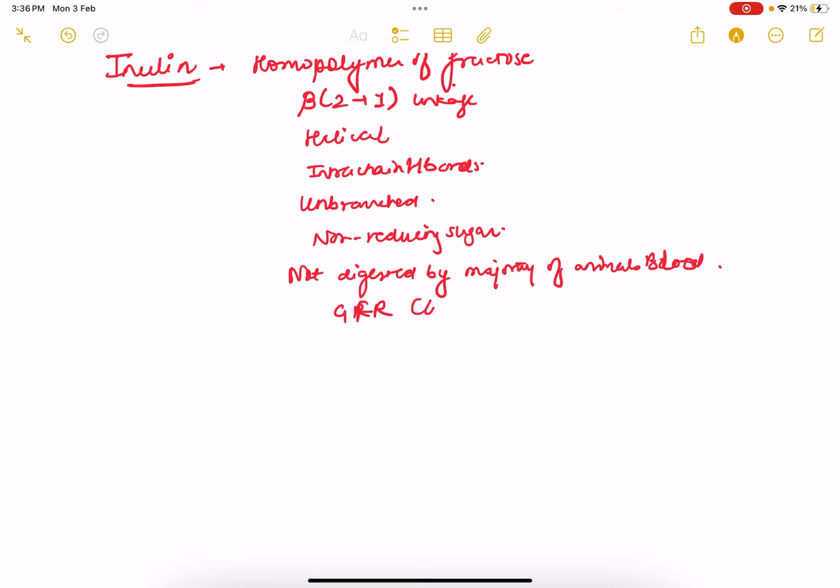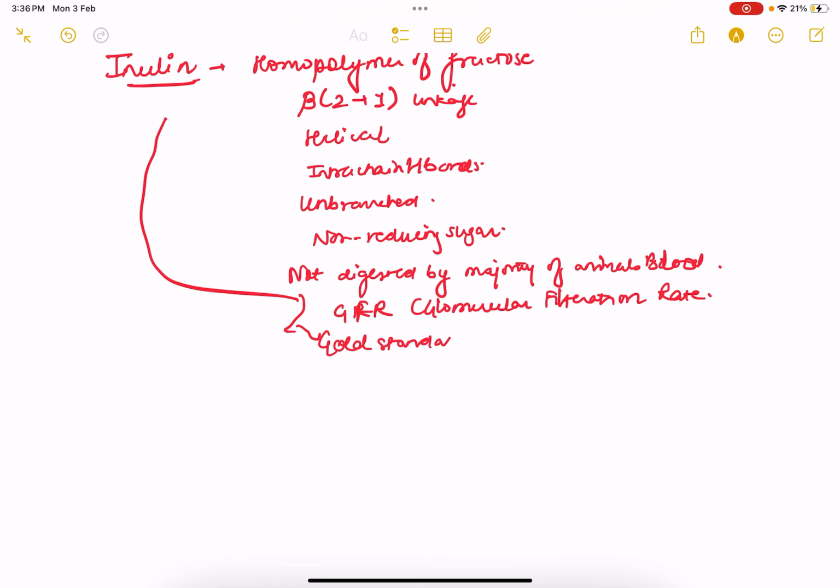GFR is glomerular filtration rate. Inulin is considered the gold standard in the analysis of GFR. So this was about the polysaccharides which are used as an energy storage form.